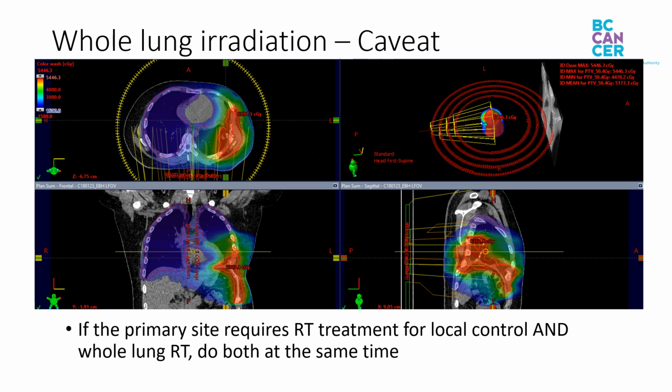So this adjuvant radiotherapy to the seventh rib was given at the same time as bilateral whole lung because this patient presented with lung metastasis. You can see why this could be very challenging if you only gave adjuvant radiation to the seventh rib and waited after completion of systemic therapy to give the bilateral whole lung, because it would be incredibly difficult to match the fields or calculate the dose accurately and deliver a safe dose of radiation to the lungs.